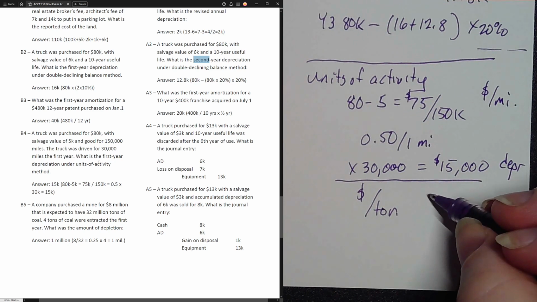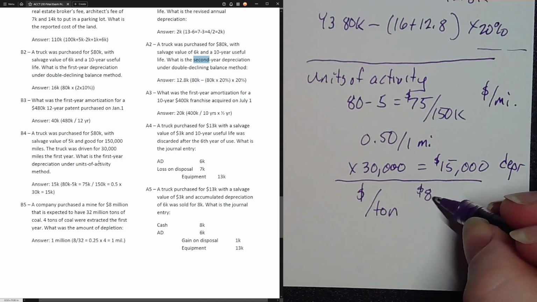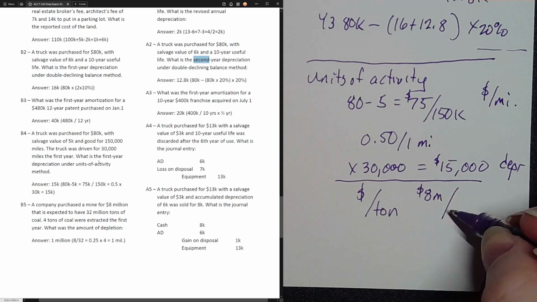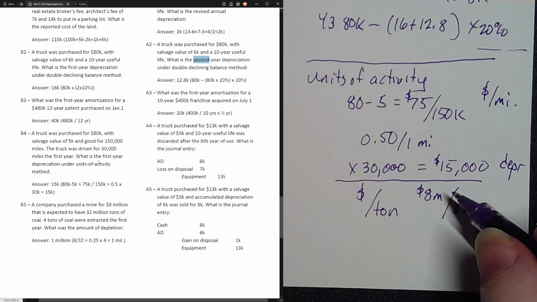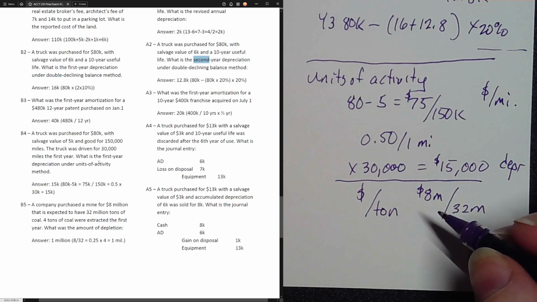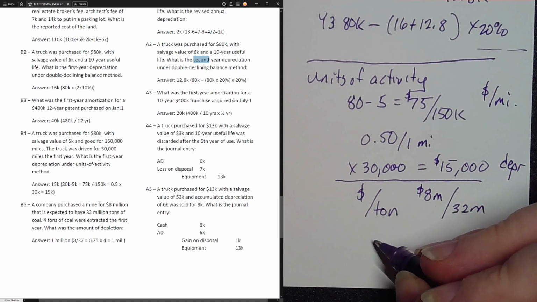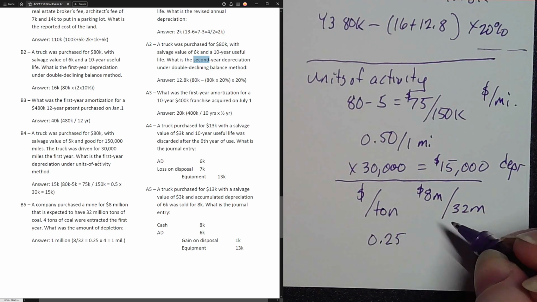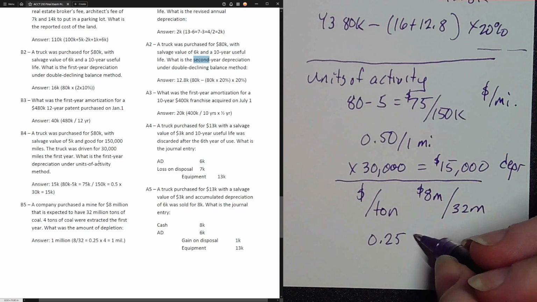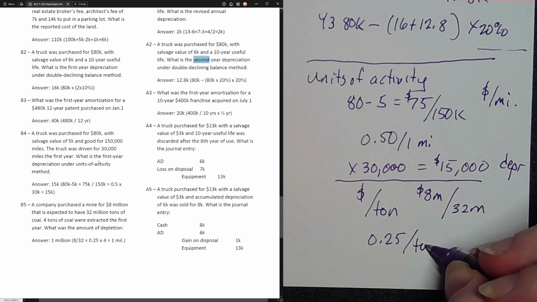So I want to set it up as 8 million over 32 million tons. And therefore, if you just keep in mind what you're looking for, you will always get the correct rate. So here it'll be a quarter, 25 cents per ton.